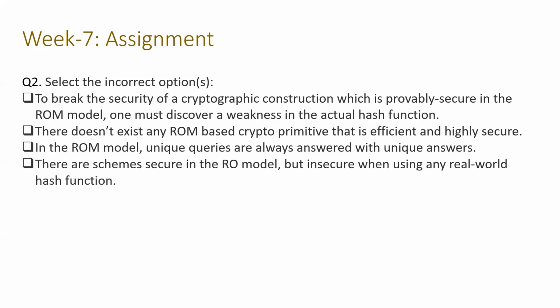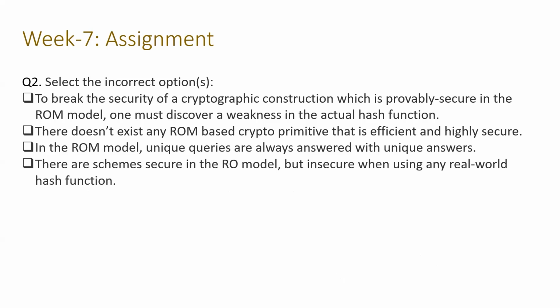Select the incorrect options. To break the security of a cryptographic construction which is provably secure in the ROM model, that is random oracle model, one must discover a weakness in the actual hash function. Which is of course true, because as we have discussed the random oracle model last week.